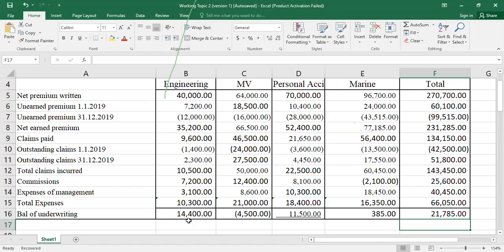So can we go ahead and prepare now the statement of comprehensive income? That should be easy once we've gotten the figure for the revenue account. All the other figures that we are going to get there are in the question. They are in our trial balance.